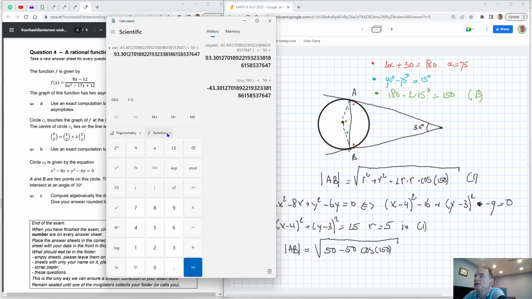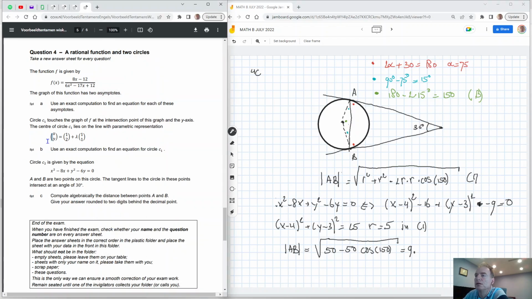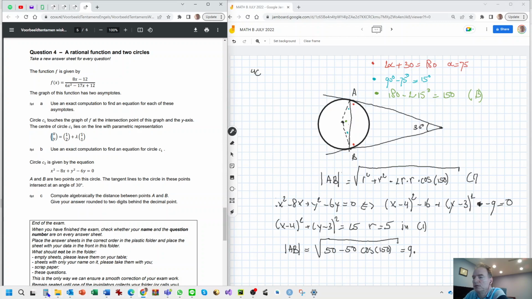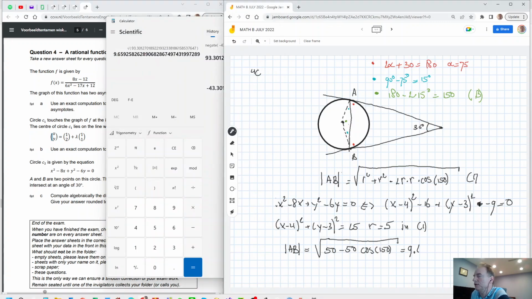It's 93. Take the square root. Is 9 point, in 2 digits... oops. So 9.66.